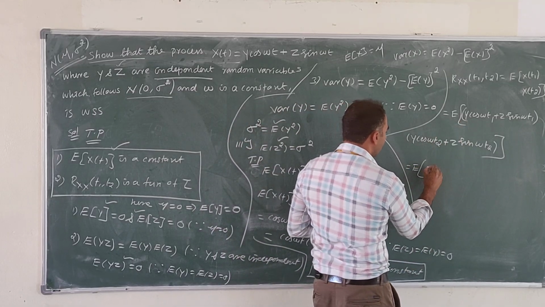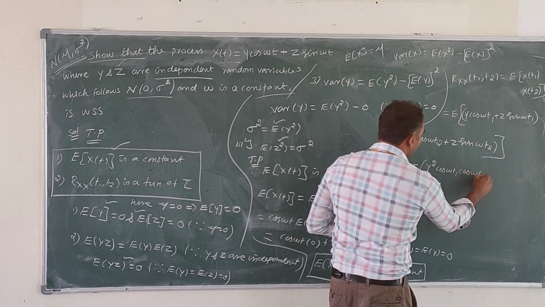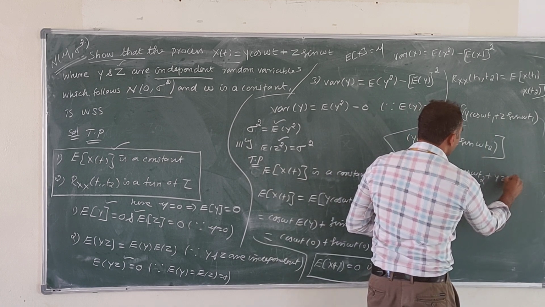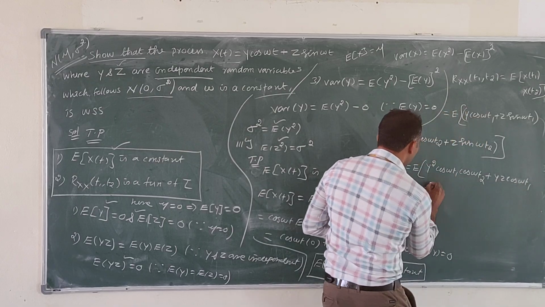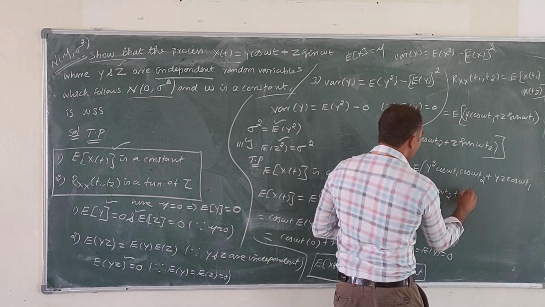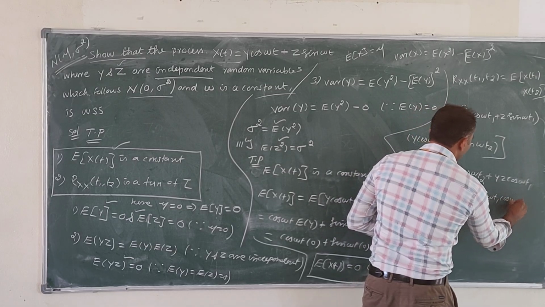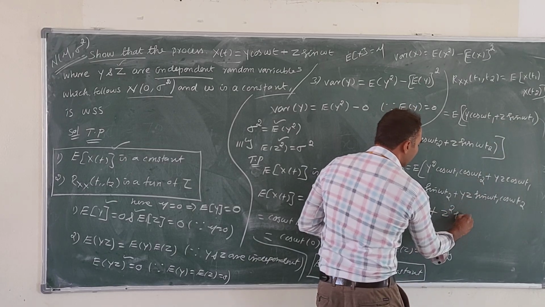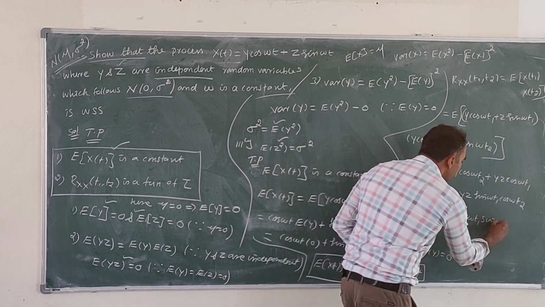E of y square cos omega t1 cos omega t2. Next, multiply these two: yz cos omega t1 sin omega t2 plus yz sin omega t1 cos omega t2 plus z square sin omega t1 sin omega t2.